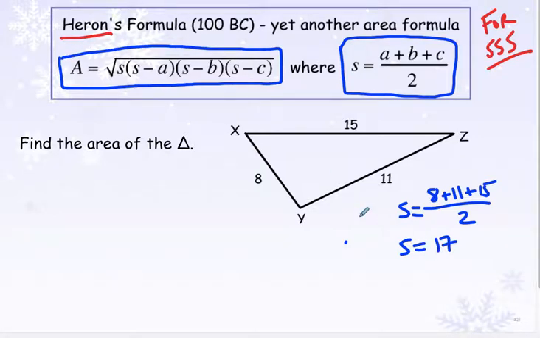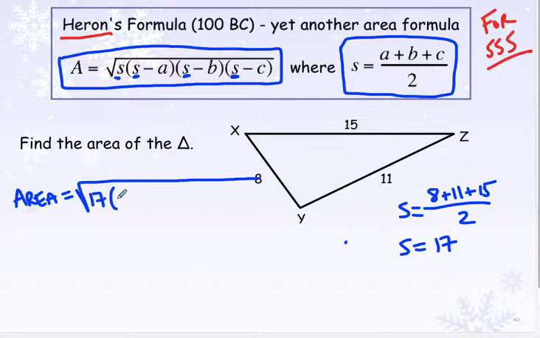So that value of s that we just found gets repeated a whole bunch of times, and then you subtract off each side length. So if I wanted the area of this triangle, it's a big square root, that value of s goes first, and then s minus one of the sides, so how about 8? And then s minus another side, 11, and then s minus the third side, 15.